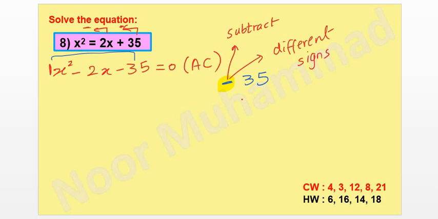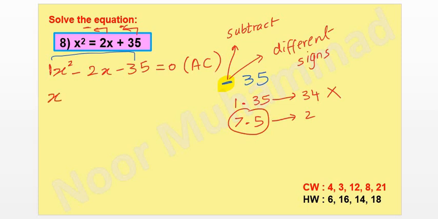Let's make the factors. If I go with 1 times 35 and I subtract it, it gives me 34, that I do not need because I'm looking for 2. So 7 times 5, if I subtract it, it gives me 2. So for sure I need this pair. And how will I write my answer? I do not have any number with this x.